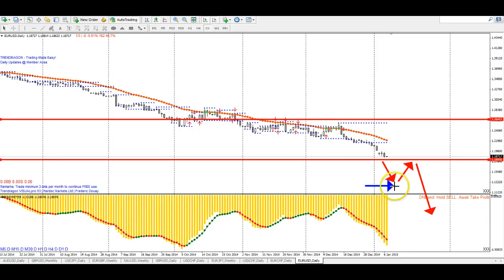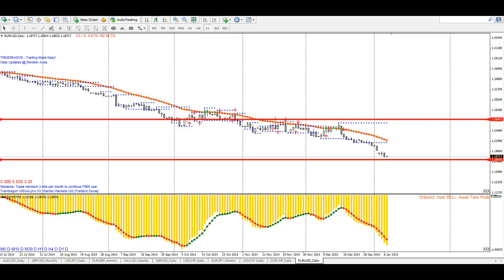First, it broke a significant support level, retraced back to it, and basically respected that level, came back down and broke a newly created lower low, and that would be quite a good case scenario.